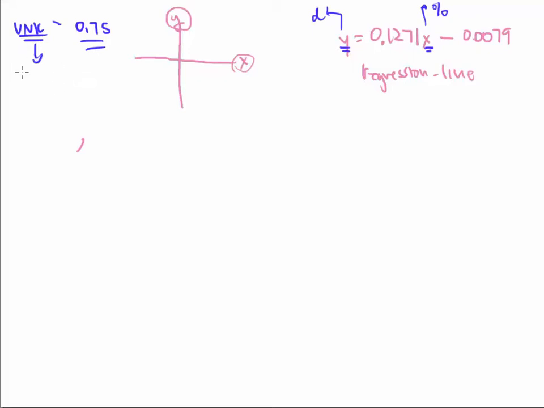I need to figure out what the percentage of that salt solution is. So I took a series of standards, I plotted a line, this equation came from that line, and I need to use the equation to solve for the percent. Well, this is density. Density goes into the y value because that's the way I set it up. So I'm going to take this equation and I'm going to put my density value in for y.